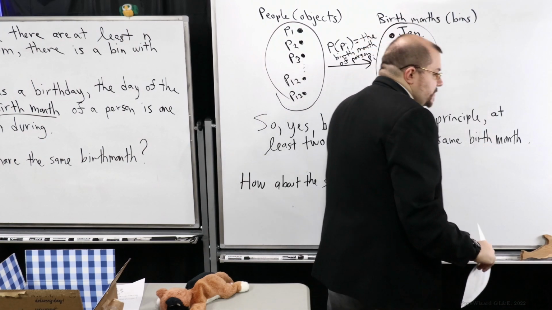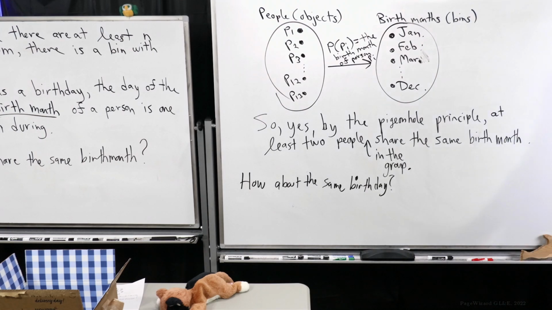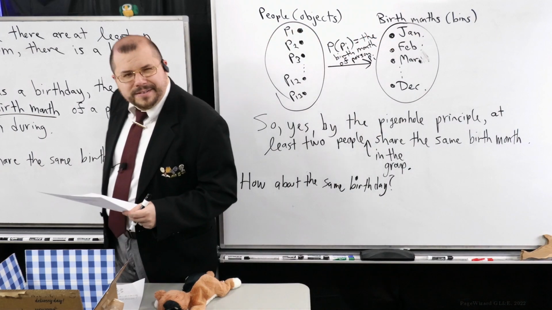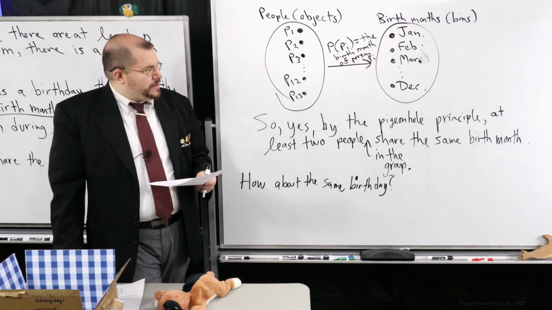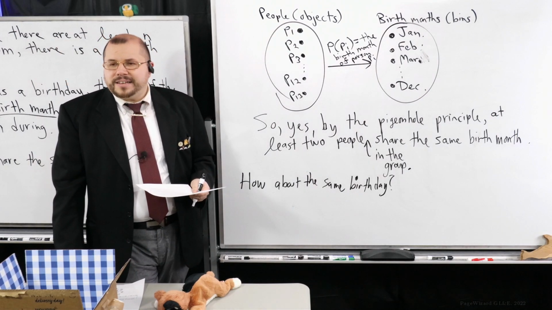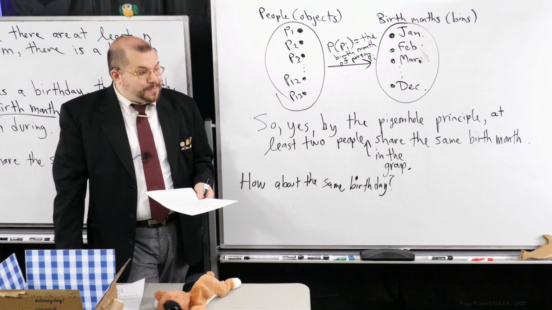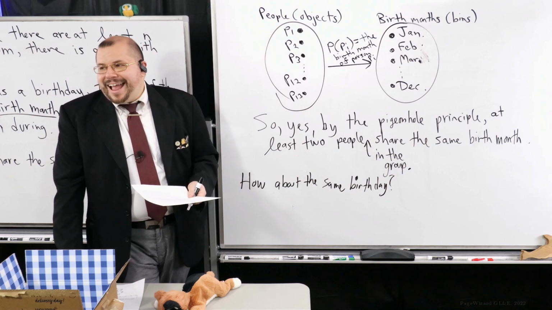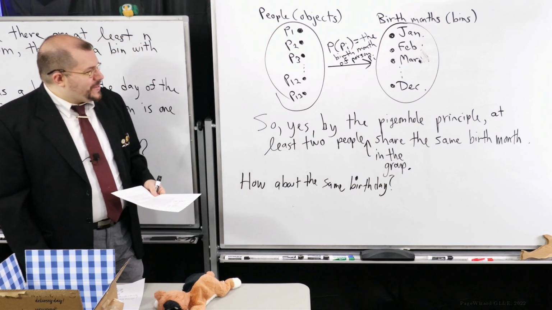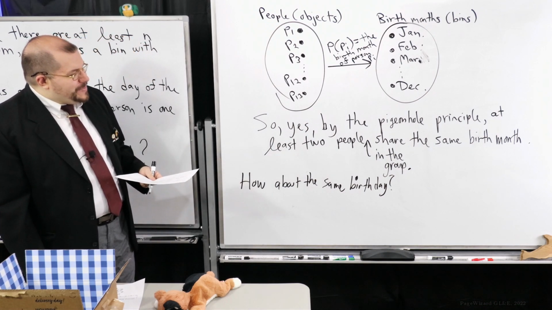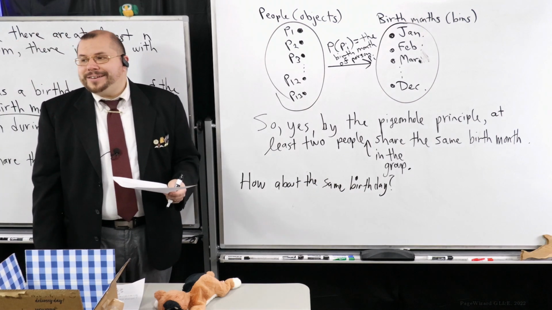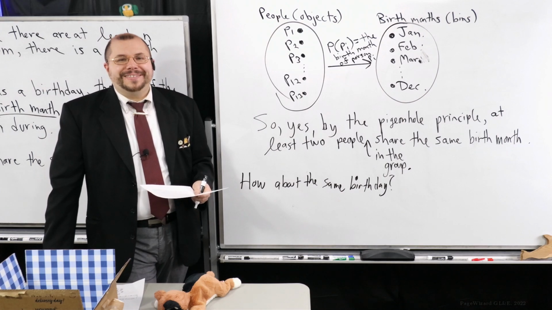Can we say that using the pigeonhole principle? Any suggestions? Can we use the pigeonhole principle here? Instead, if I give you 13 people, any 13 people, and I ask the question, are there at least going to be 2 people that share the same birthday? Can you guarantee that under the pigeonhole principle?